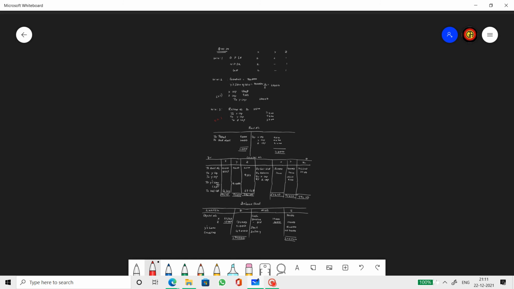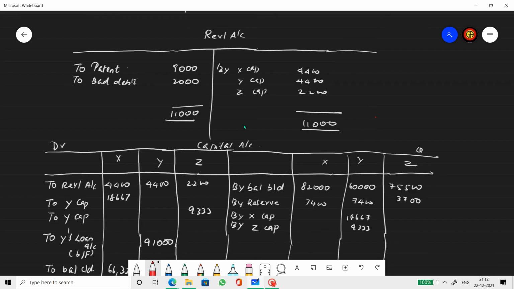Then let's start preparing the revaluation account of the partner. If you read the question again, you'll come to know that the patent should be written off and bad debt should be written off. So for your understanding, I'm passing the journals here.